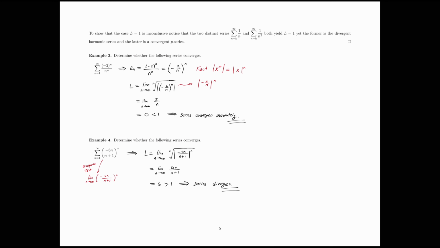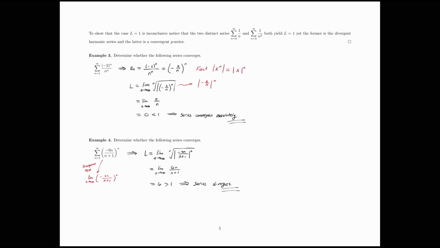What's important here is that every whole number is either even or odd. So when n is even, the expression on the inside, no matter what size it is, is going to end up being positive, because I'm multiplying it by itself an even number of times. But when this exponent n is odd, I'm multiplying the inside value, a negative number, by itself an odd number of times, which means it's negative. I don't want to say half of the time it's positive and half the time it's negative, but that informally communicates the idea.